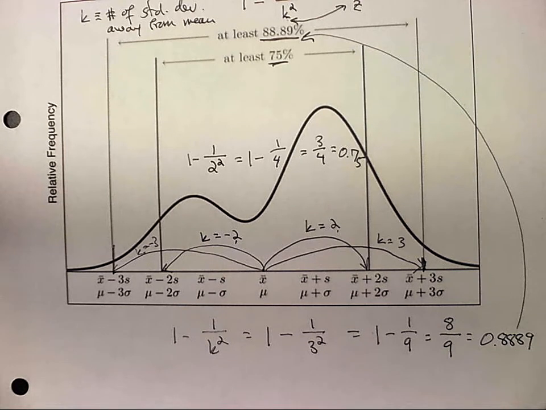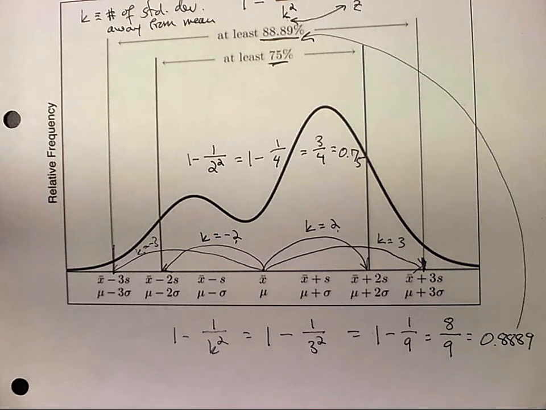So therefore, we're going to get a percentage that keeps getting closer and closer and closer to what? Not 0. 100%, right? Because what we're saying is that, hey, between a cutoff way over here and a cutoff way over here, at least what percentage of our data is between those two cutoffs? Well, we're getting closer and closer and closer to 100% of our data. Right? Does that make sense?